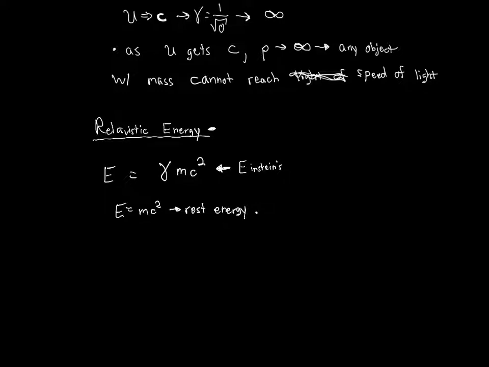It tells us the energy of a non-moving object. As soon as you start moving, technically, you need to plug in this gamma Lorentz factor. The other useful aspect of this E equals mc squared equation we use in nuclear power, actually.